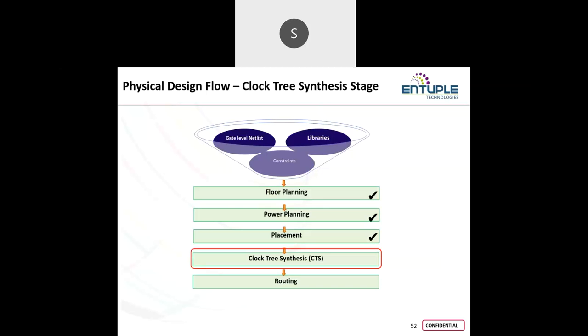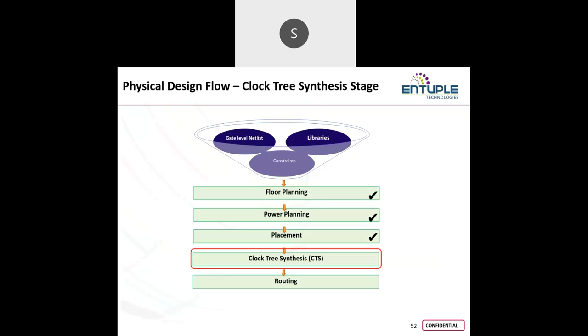If after optimization I am still getting some violations, then no need to worry. At each and every stage we will be checking the timing reports, and you can move further with the next stage. At the end, in the routing stage, we will be checking both the setup and hold violations, so at that time I need to fix both setup and hold.